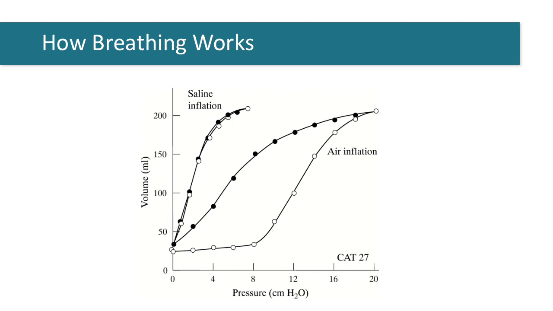This difference in pressure volume curves is referred to as hysteresis. It's the consequence of the action of surfactant, which reduces surface tension within the alveoli and helps to reduce lung collapse. It's important to appreciate that patients vary widely in the level of lung recruitment that can be achieved by applying high pressures and volumes temporarily.